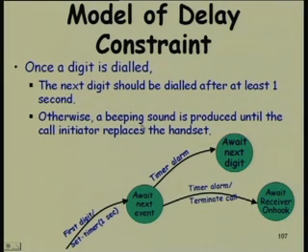So, let us see how a delay constraint will be modeled. Again we use a timer here. The first digit has been dialed and we set a timer of 1 second, and then it awaits the next digit. Here also there is a problem actually, I have not written it properly.